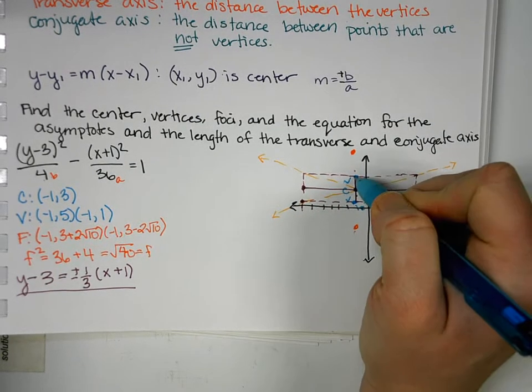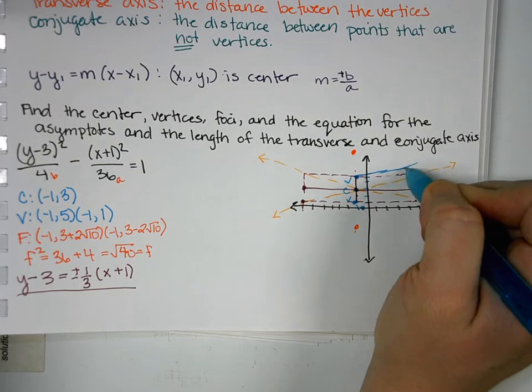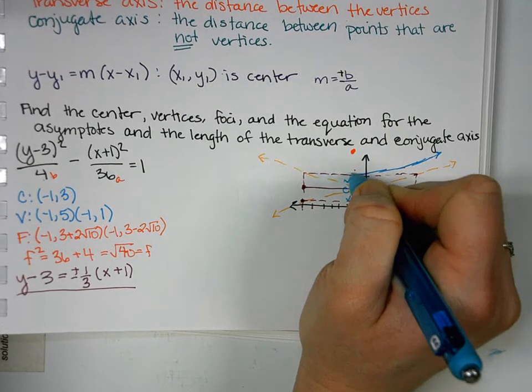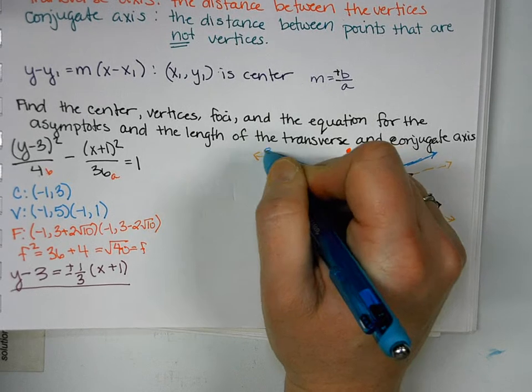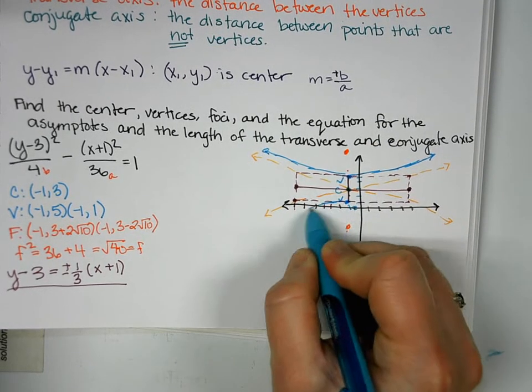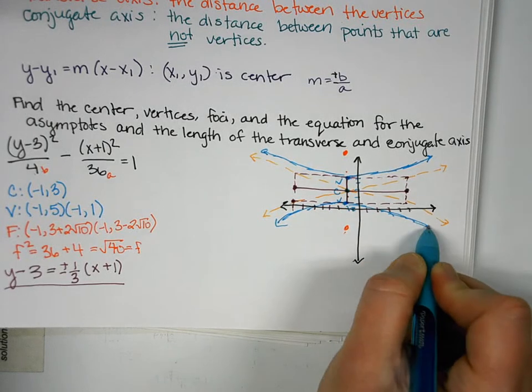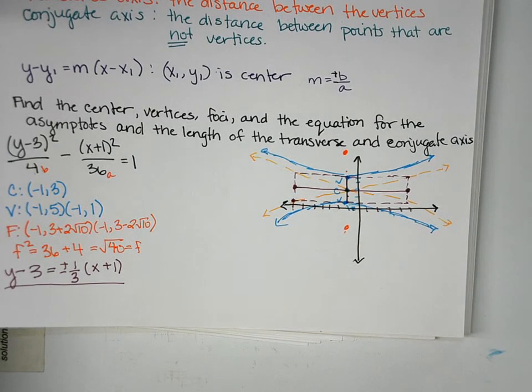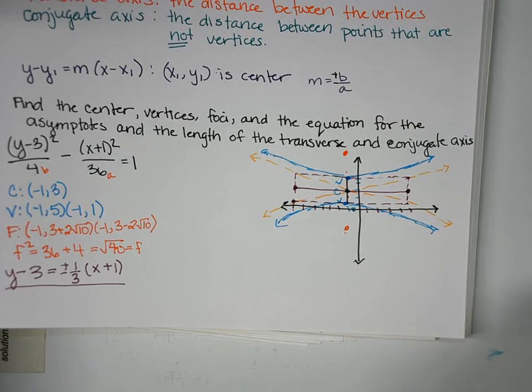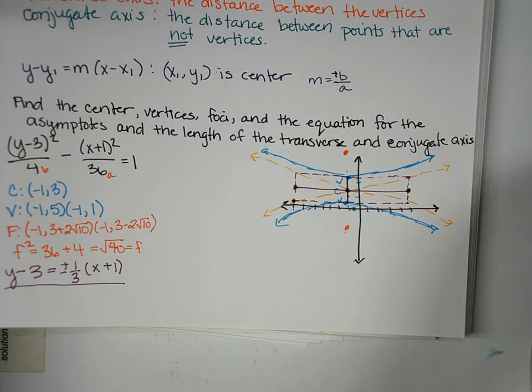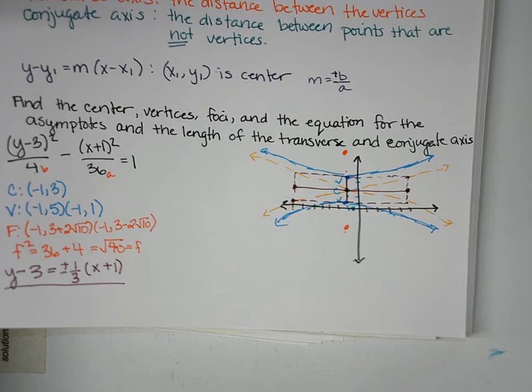And so what that's telling me is that I have a hyperbola that's going to go something like this, that's rather wide. Now the last bit that we haven't answered is it did want to know the length of the transverse and the length of the conjugate.